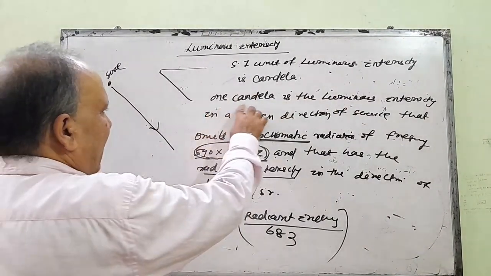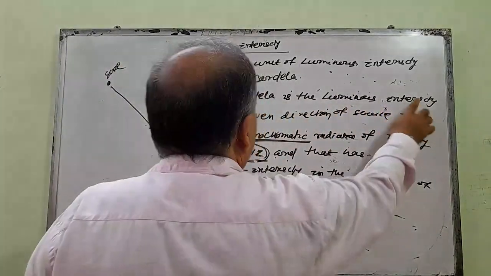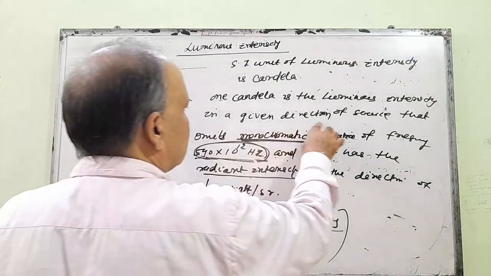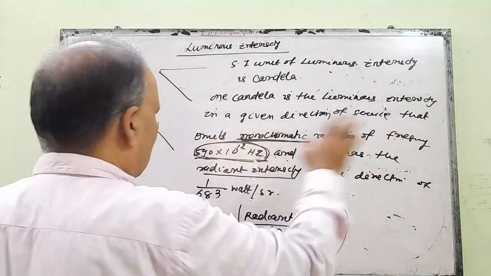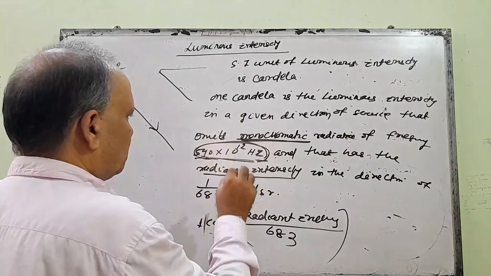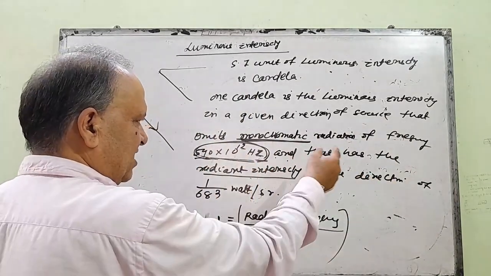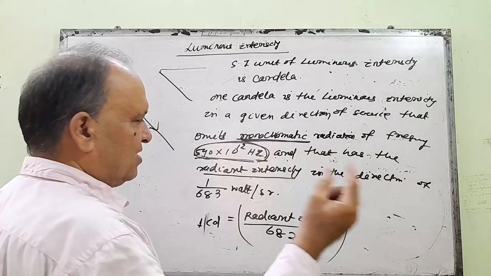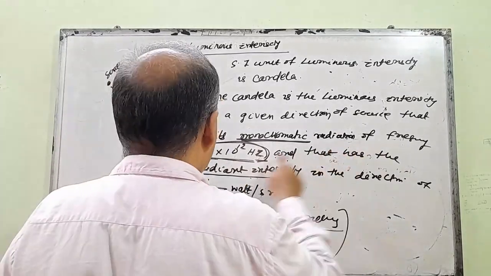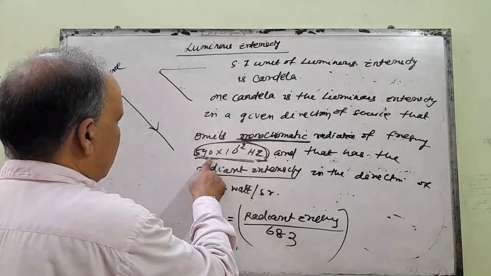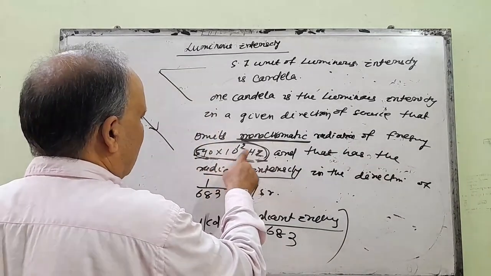So 1 candela is the luminous intensity in a given direction of a source that emits monochromatic radiation, that means a radiation having a single wavelength or single color, of a frequency, you remember, 540 into 10 to the power 12 hertz.